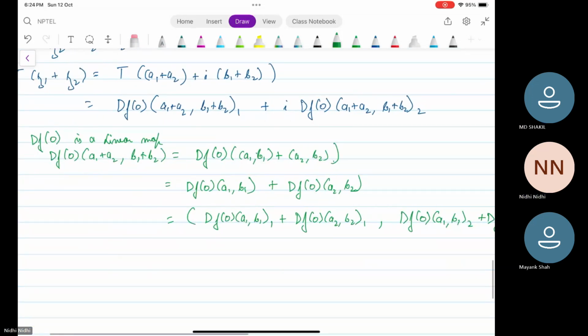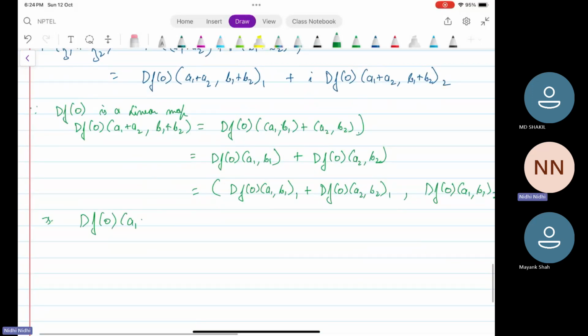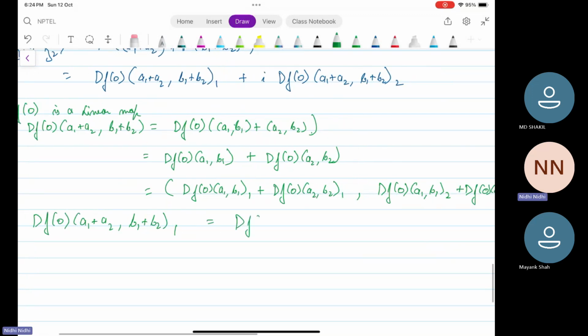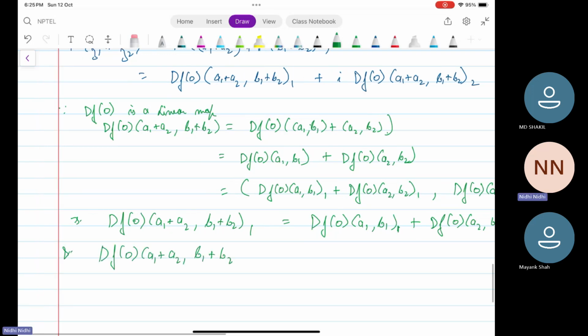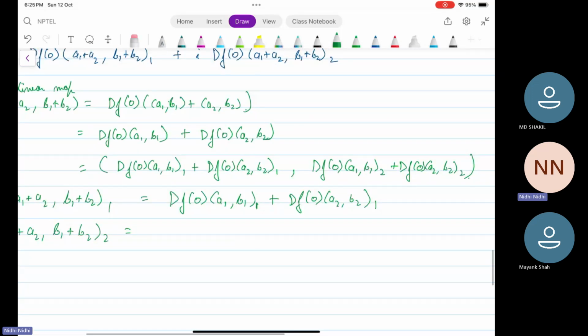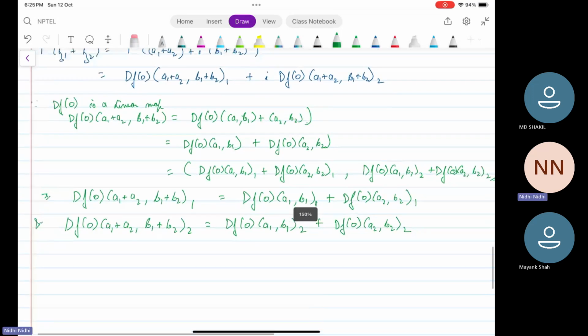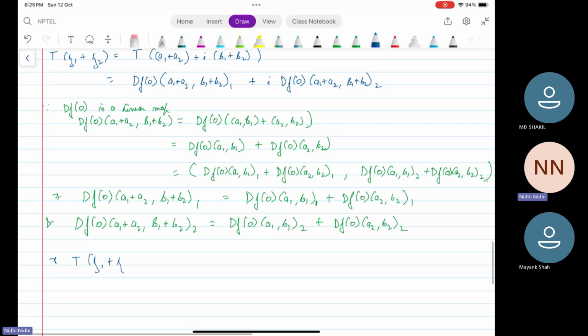So that means df0 a1 plus a2 comma b1 plus b2, its first component is equal to df0 a1 b1 first component plus df0 a2 b2 first component, and df0 a1 plus a2, b1 plus b2 second component is equal to df0 a1 b1 second component plus df0 a2 b2 second component. So using this, we get T of z1 plus z2.